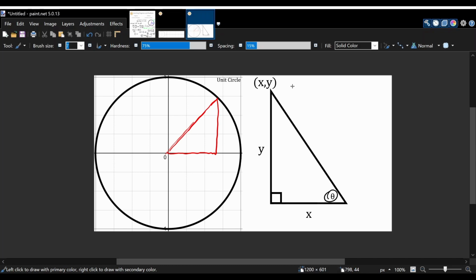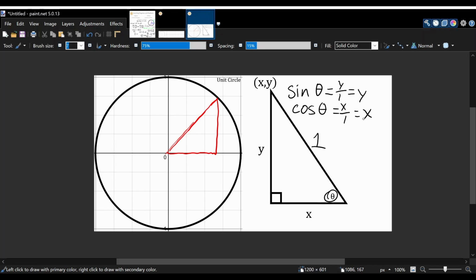If we look at what sine of theta is equal to, we see since sine is equal to opposite over hypotenuse, it's equal to the opposite, which is y, over 1, which is just equal to y. And if we do the same thing with cosine theta, it's going to be x over 1, or x.